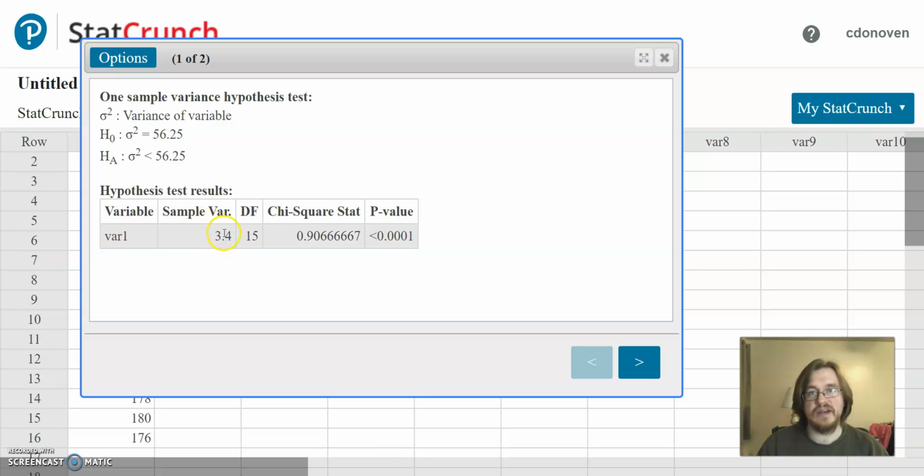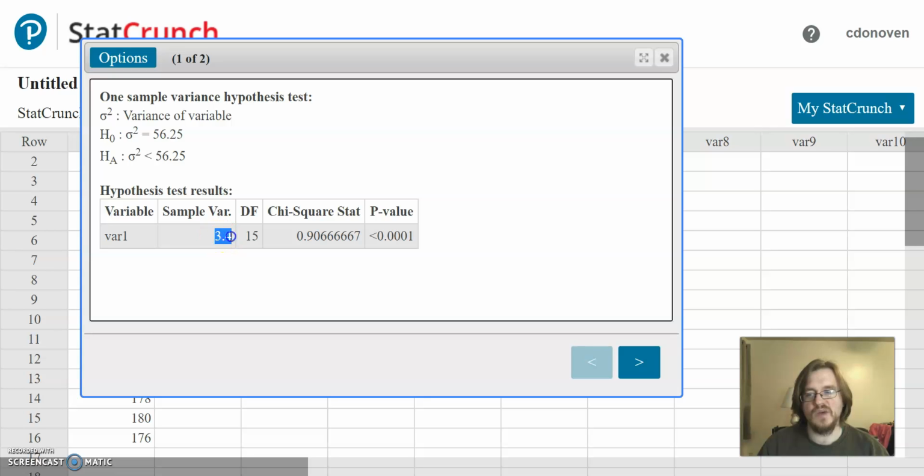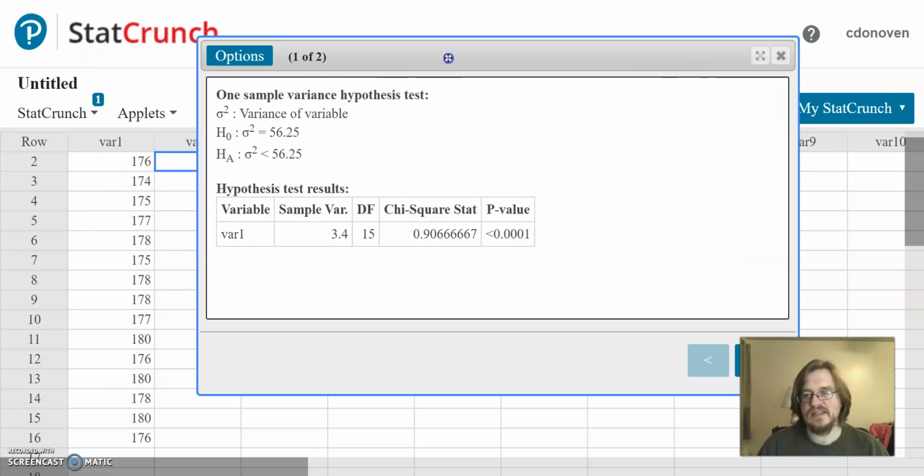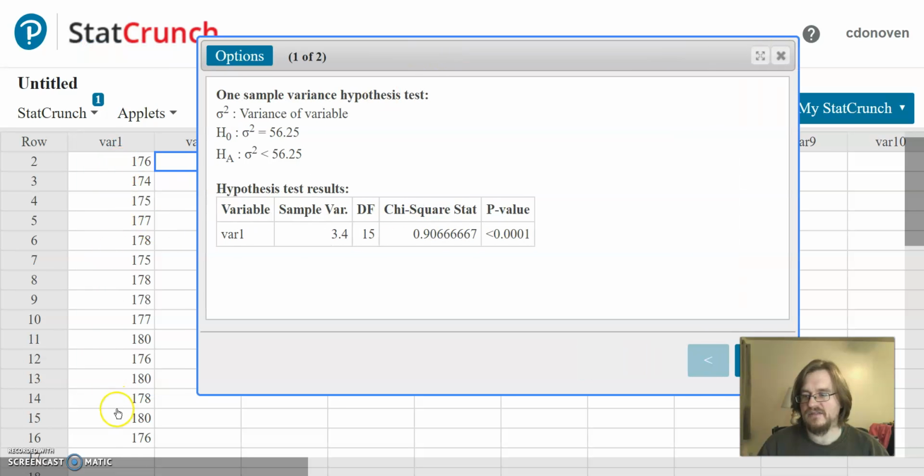So the sample standard deviation is going to be the square root of this number. Again, the variance is just the standard deviation squared, so to get the standard deviation from this, we just take the square root. We have 15 degrees of freedom because there were 16 values, and the degrees of freedom is one less than the number in our sample.